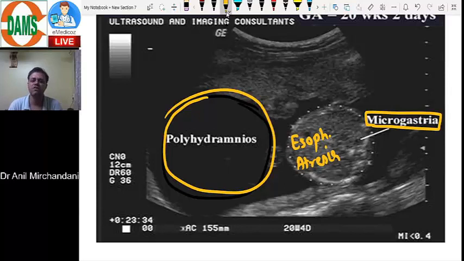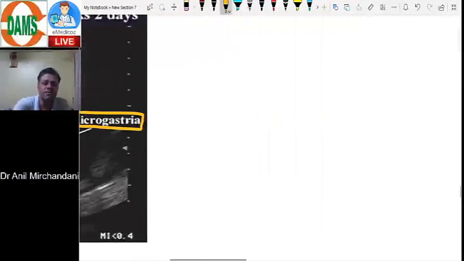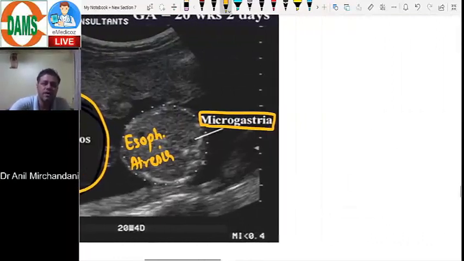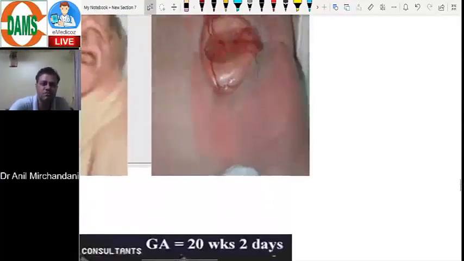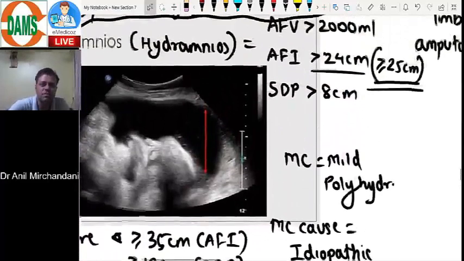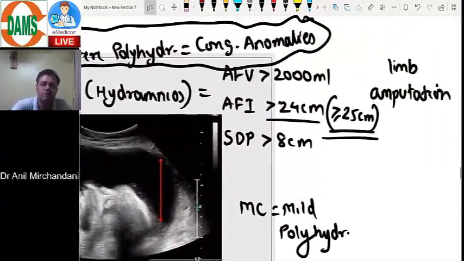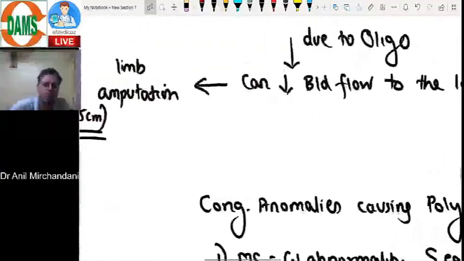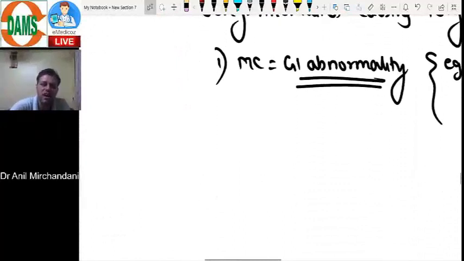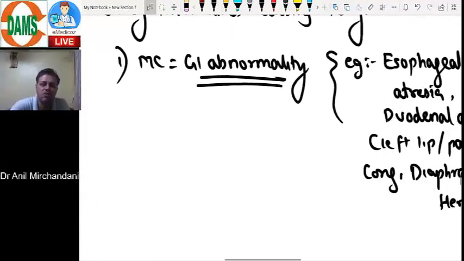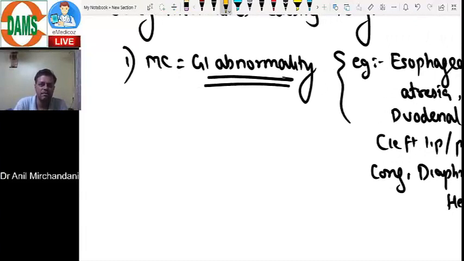So I showed you esophageal atresia and I showed you diaphragmatic hernia. These things can cause polyhydramnios. There are many more things by the way, but GI abnormalities can cause polyhydramnios.